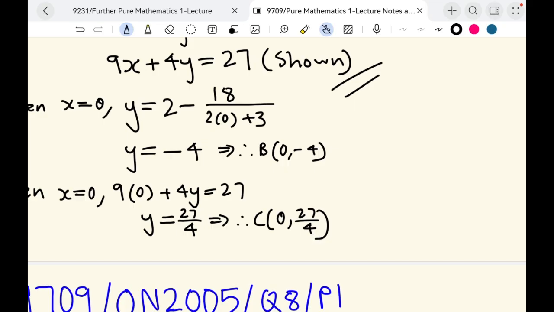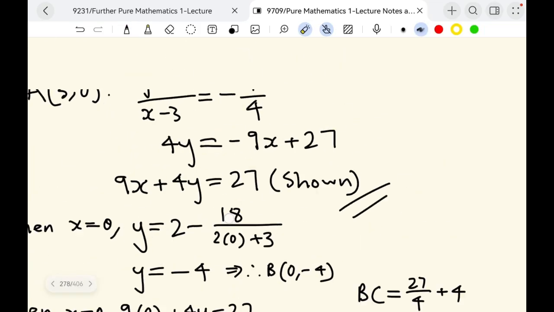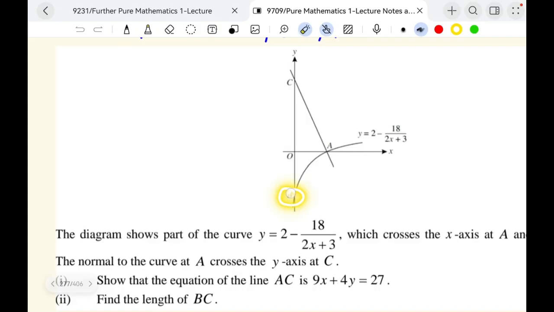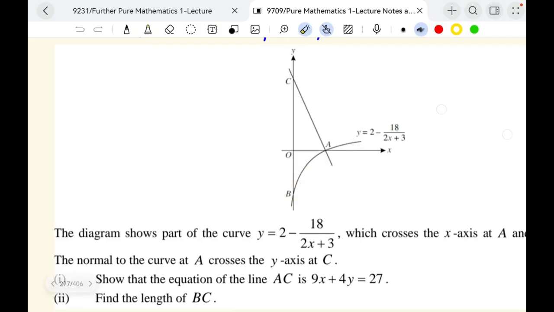Okay. So until here, the length of the BC is 27/4 plus 4. Why plus 4? Because this is the -4, which means that it has a 4 units distance from the origin. For the C, it has the distance of 27/4 from the origin. Okay? Therefore, we can't consider the negative distance of coordinate.